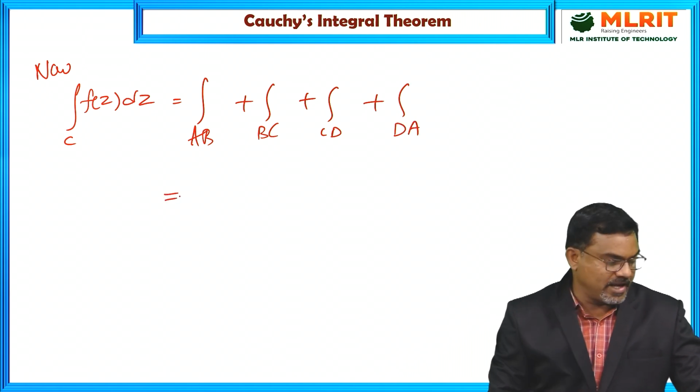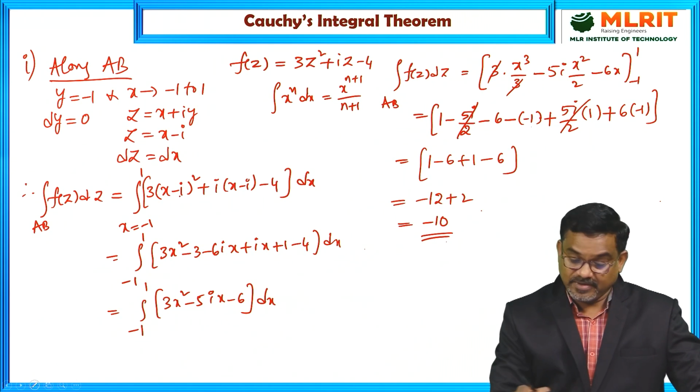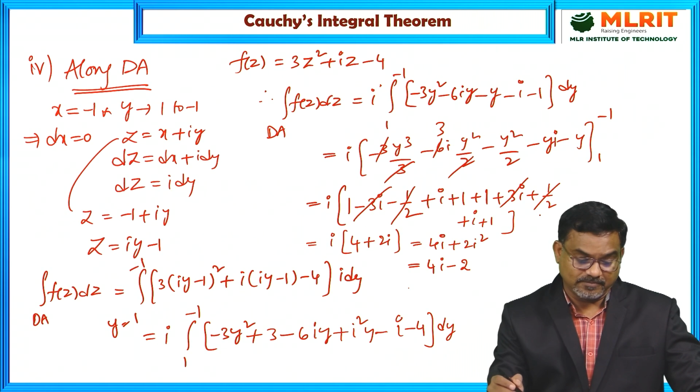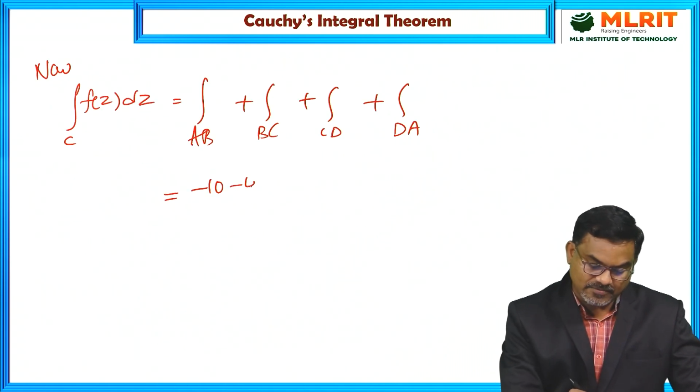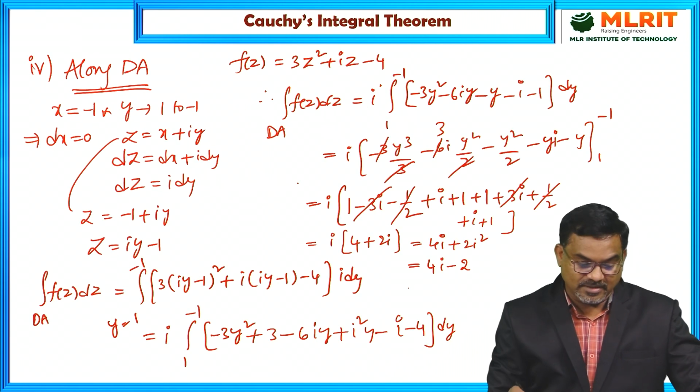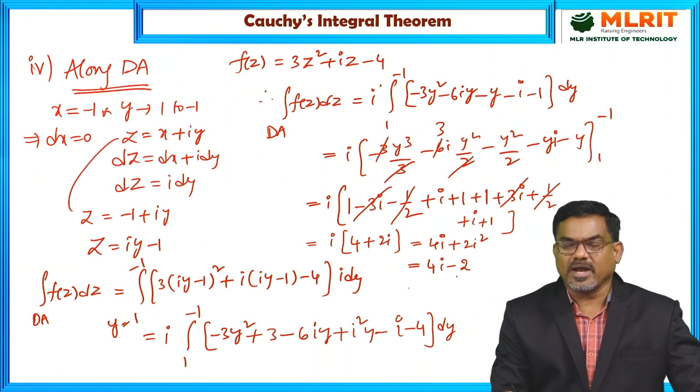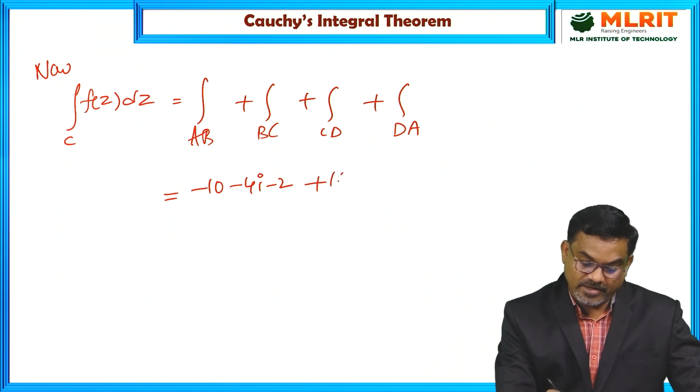Now the first one is minus 10, then minus 4i minus 2, then the third one is 14, the fourth is 4i minus 2.